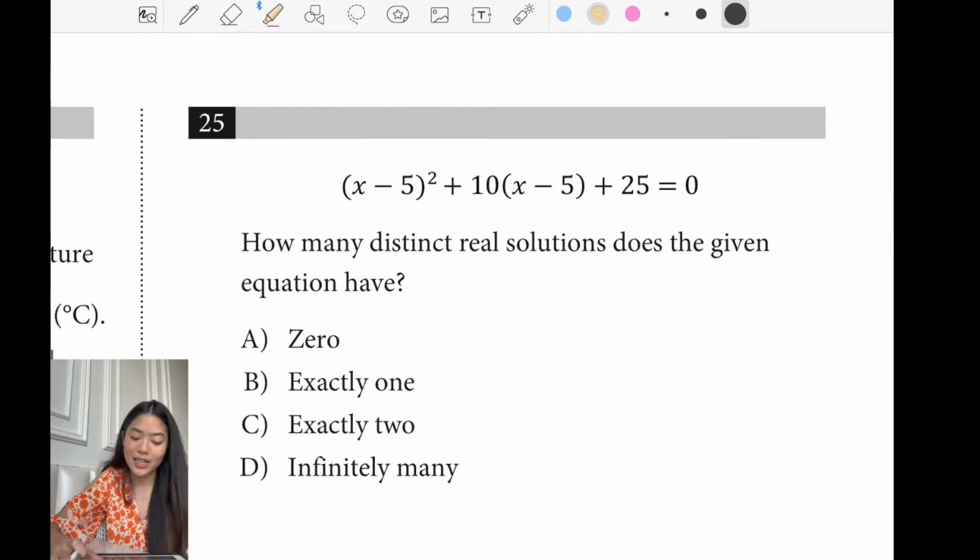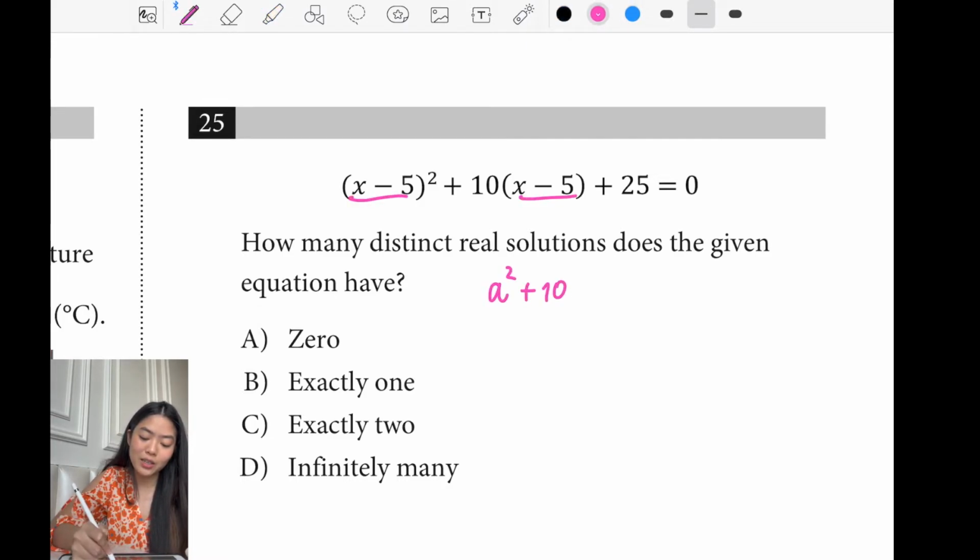Okay, next, 25. How many distinct real solutions does the given equation have? So from here, how could we solve it? We're going to do a squared plus 10a plus 25 equal to 0 by letting a equal x minus 5.